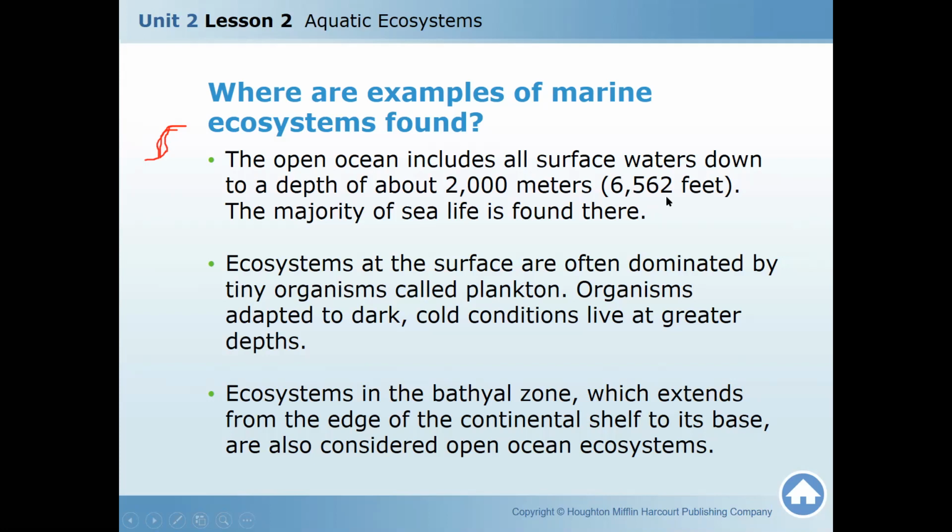In a swimming pool, you just go 6 feet. So imagine, it's very deep. The majority of the sea life, most of the fishes, you can find there. This is the open ocean. Ecosystems at the surface are often dominated by tiny organisms called plankton. We have plankton there.